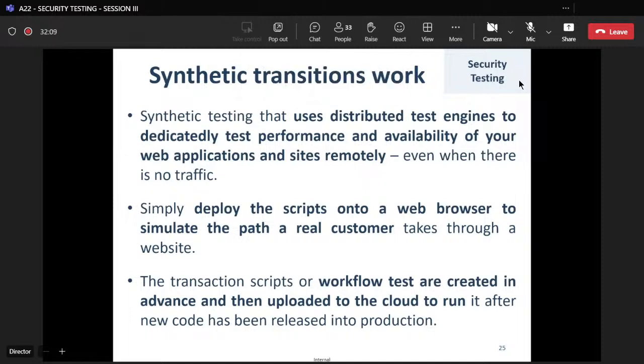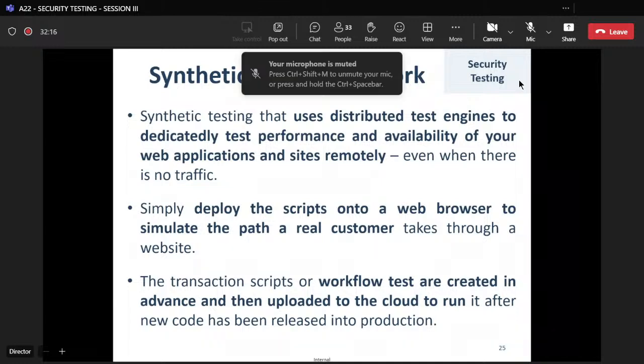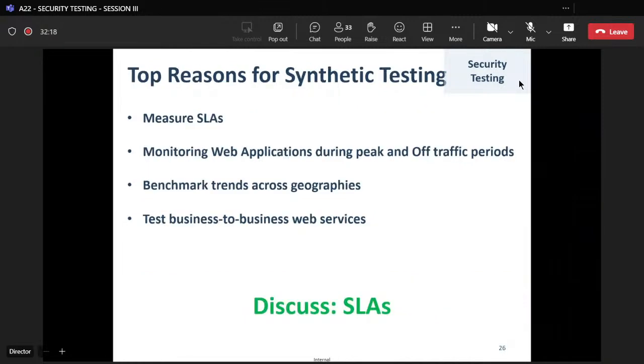So what they do is try to understand the various types of loads coming to your business, and they'll try to perform this because the top reason is that a lot of SLAs will be agreed between the service provider and the customer. When you say SLA, service level agreement, what is the service level objective, the availability of the service, and also the scope that has been agreed for that particular service.